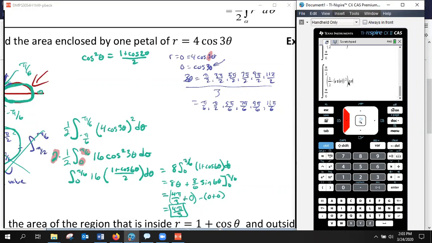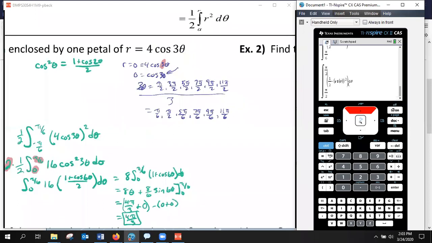If I wanted to do another portion of the curve, the next set of intervals is going to be from pi over 2 to, if I go back to what I have on the screen, the next one, 5 pi over 6, thank you. This should give us the exact same value.